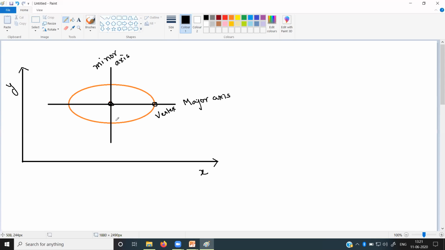Similarly, the minor axis also intersects the perimeter or the arc of the ellipse at a point, and this particular point is called the co-vertex. Okay.